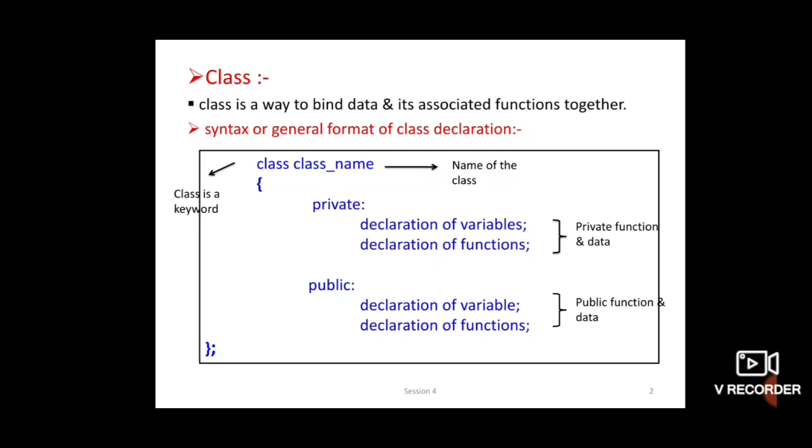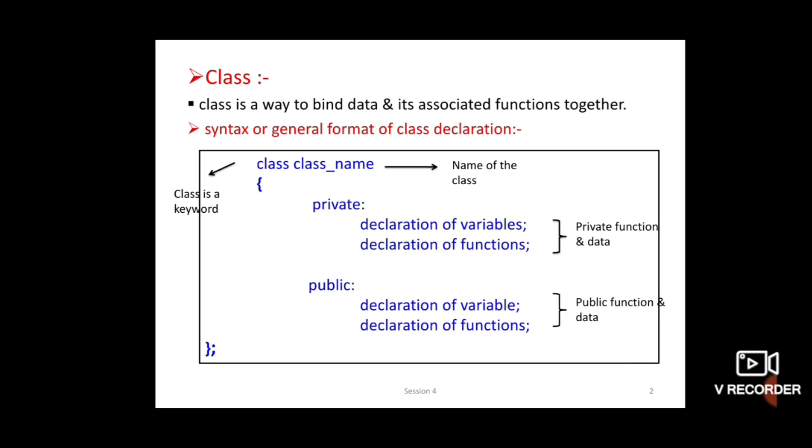These questions are asked in the board paper: What is a class? Explain the general format or general syntax of class declaration. Then write the definition of class, the syntax or format of class, and one example. Class is a keyword, then class name, then begin, private is an access specifier, then colon, declaration of variables, semicolon, declaration of functions, semicolon.